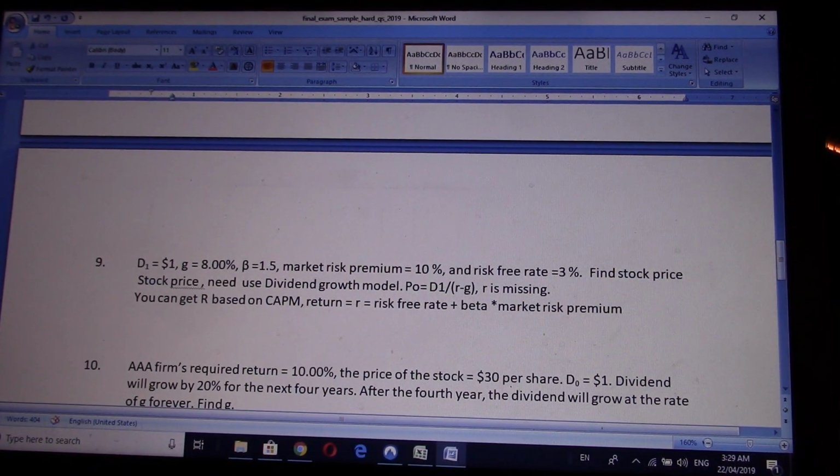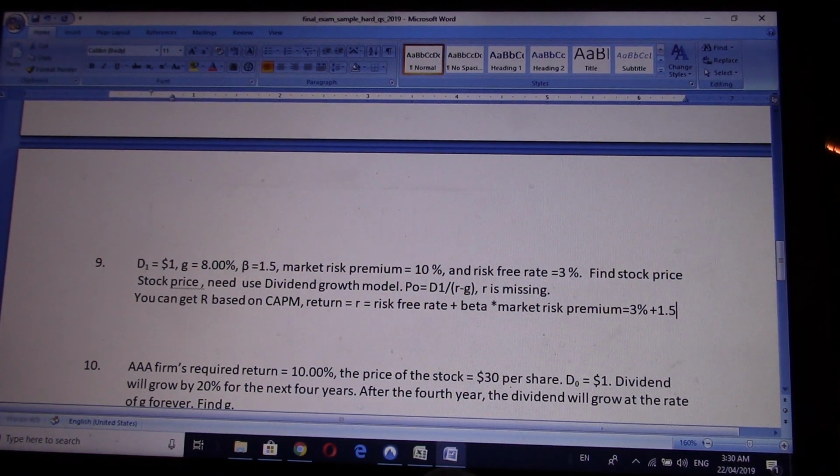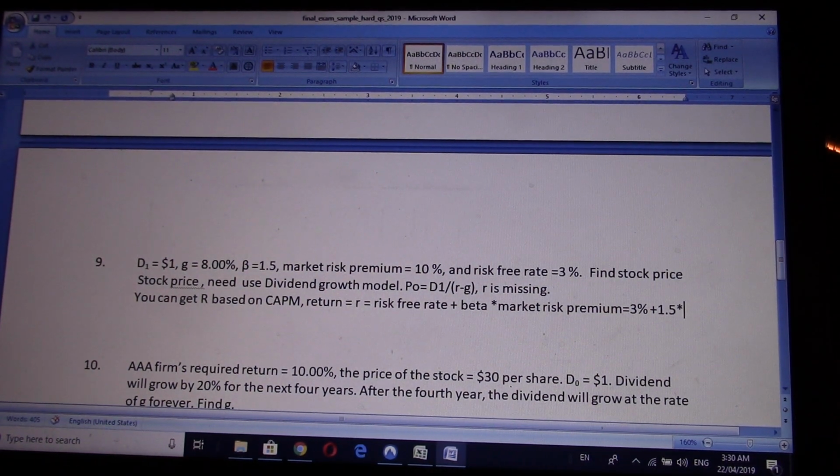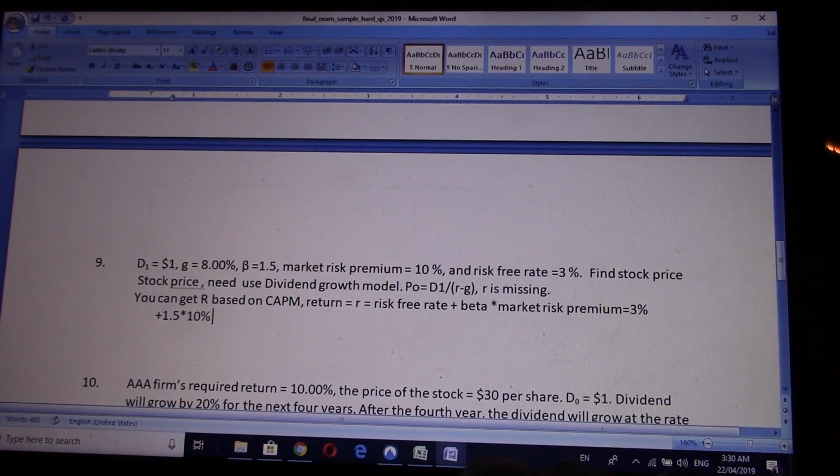I won't go into any details, but you just plug in the numbers. In our case, R should equal 3% plus beta, which is 1.5, times 10%.